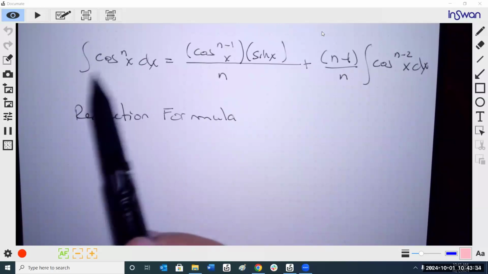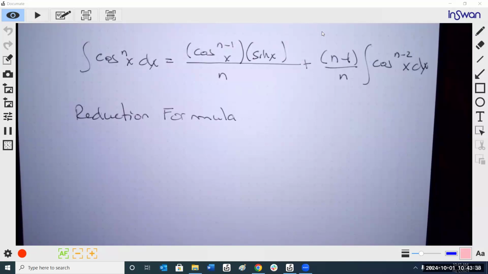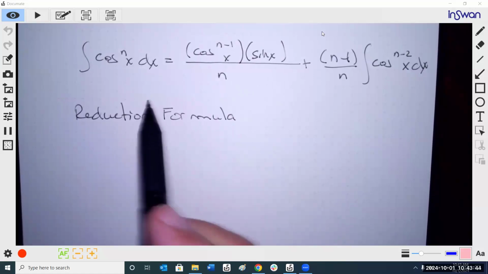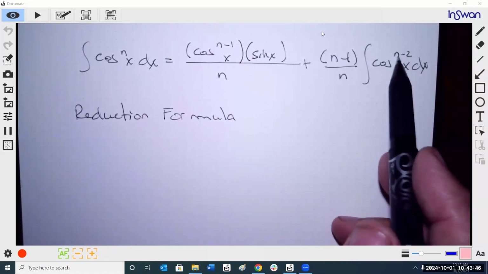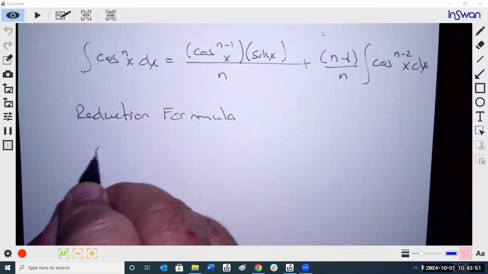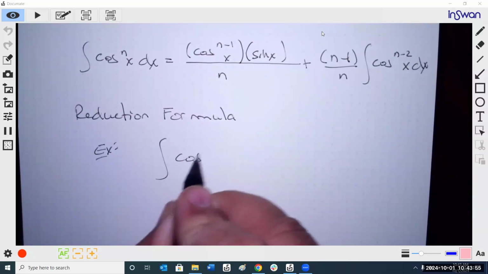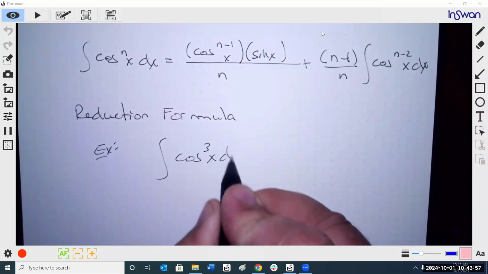It takes the integral of some power and leaves it at a lower power. In other words, it'll keep on getting smaller and smaller; we would keep on losing one each time. So for example, the integral of cosine 3 x dx.